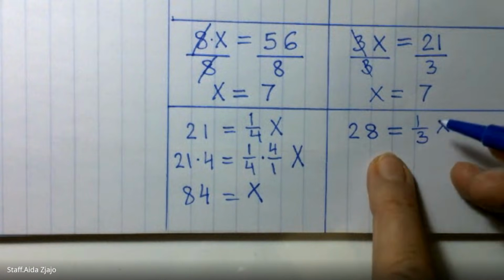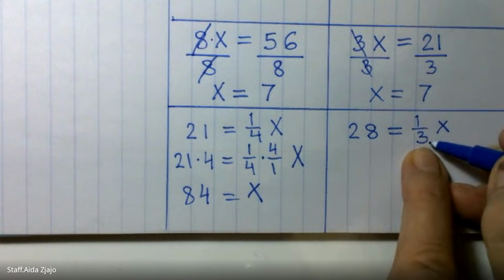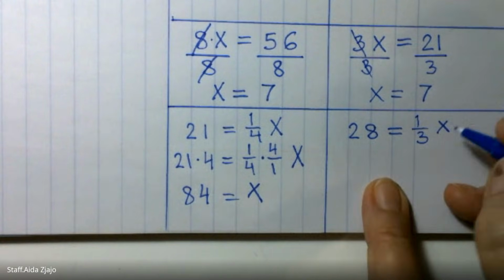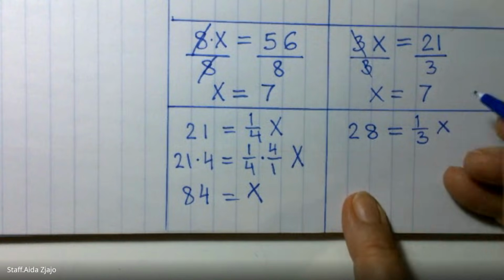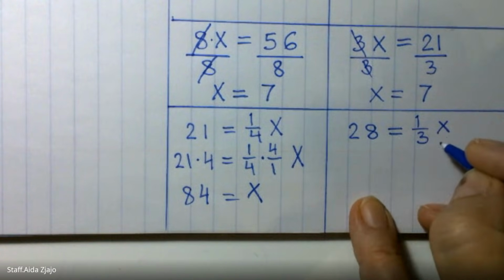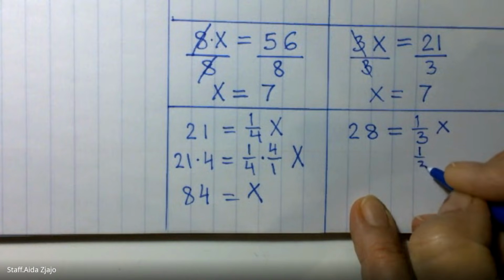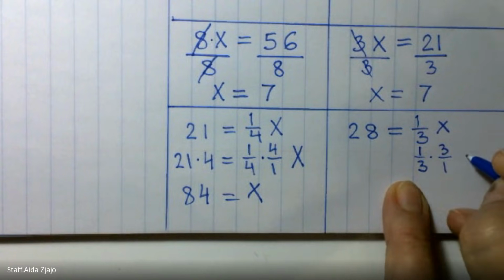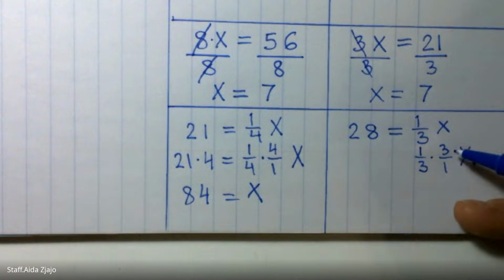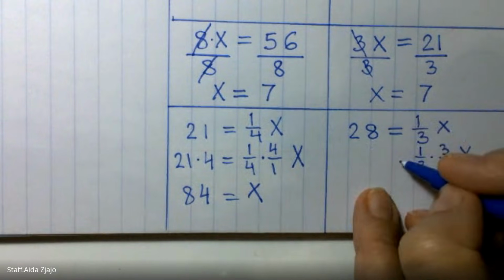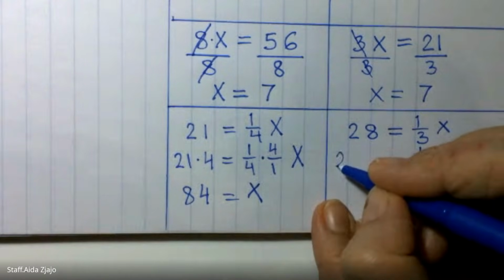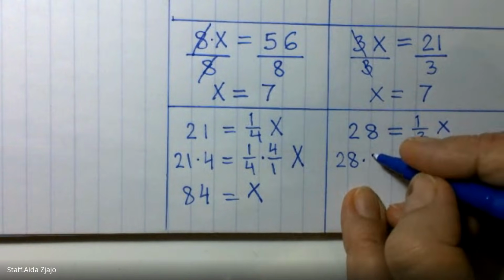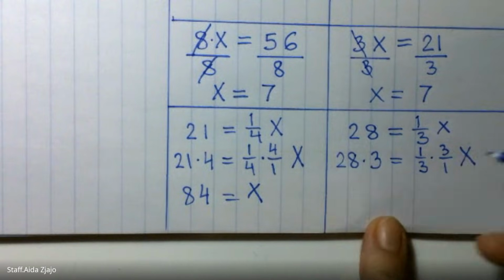Let's see the other side. So here's a fraction. I want x to be by itself. So I multiply by the reciprocal. So on both sides, I'm going to multiply by 3 over 1. So that means on the other side, I'm going to do the same. 28 times 3 over 1 is the same as multiplying by 3.